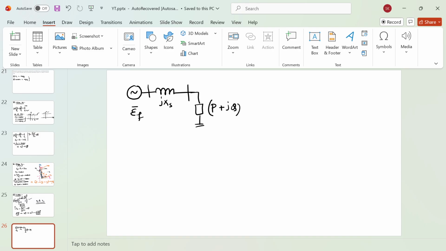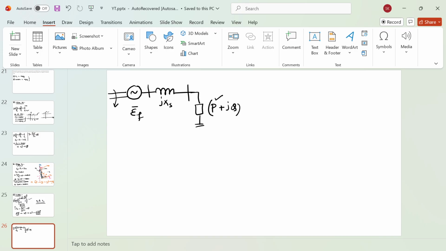Now, as this constant power load is demanding constant power, you are not allowed to increase the input power, because if you increase the input power but your load power is constant, then what will happen?